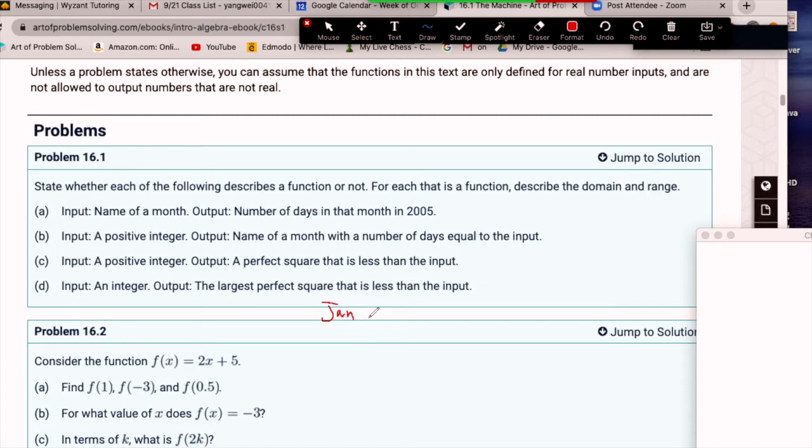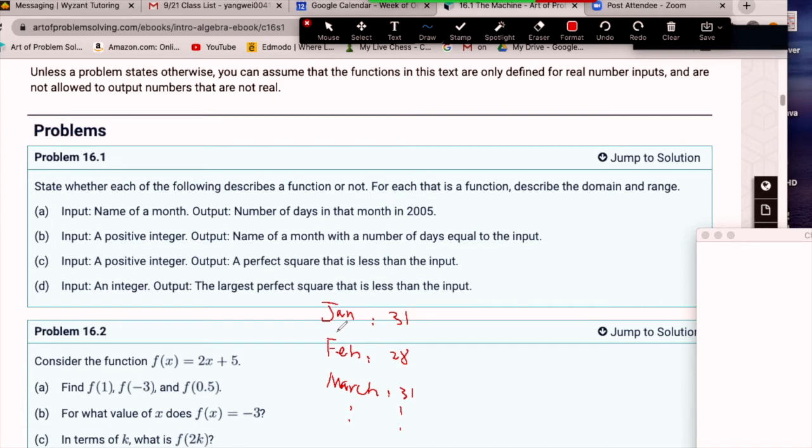Say January, then you maybe have 31 days. February, maybe you have 28 days. Then March, maybe also 31 days. So you can know each name of month corresponds to a specific number. You did not have that kind of thing happen.